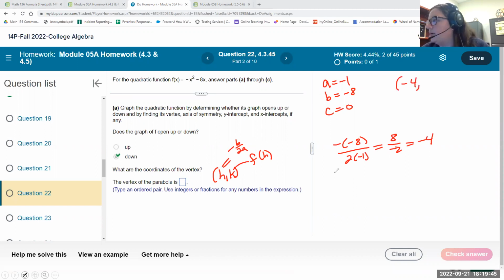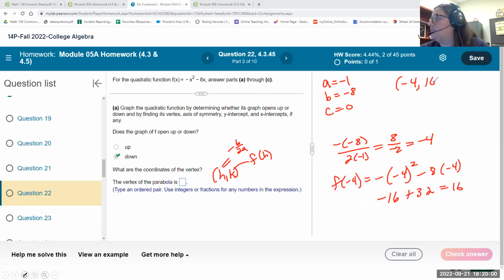And then I plug that into the function. F of -4 is negative square of -4 minus 8. Lots of minus going on here. -16 plus 32. So it comes out positive 16. So there's the vertex.